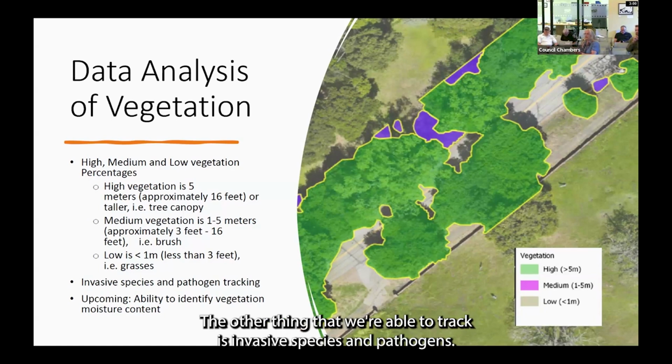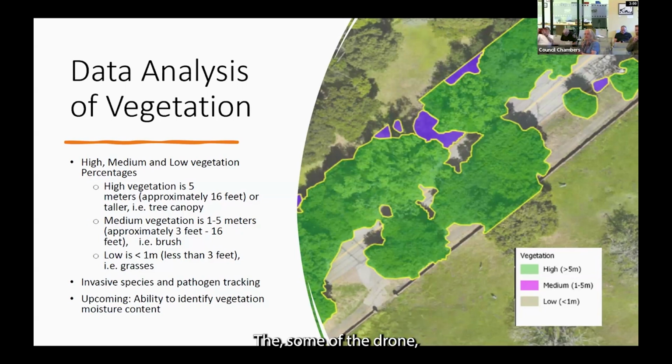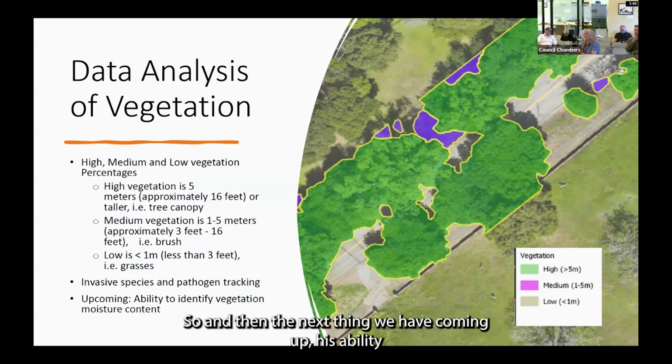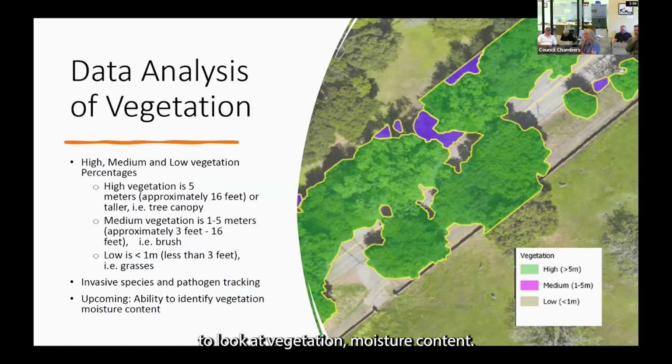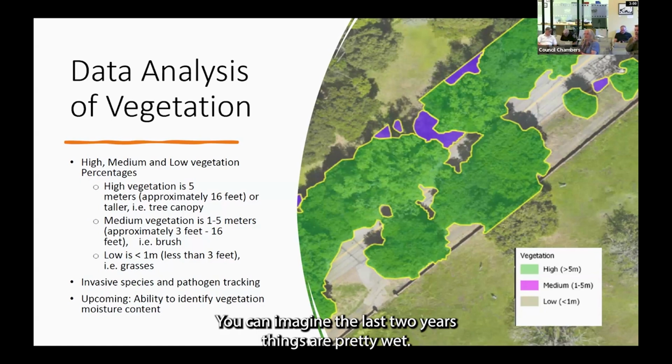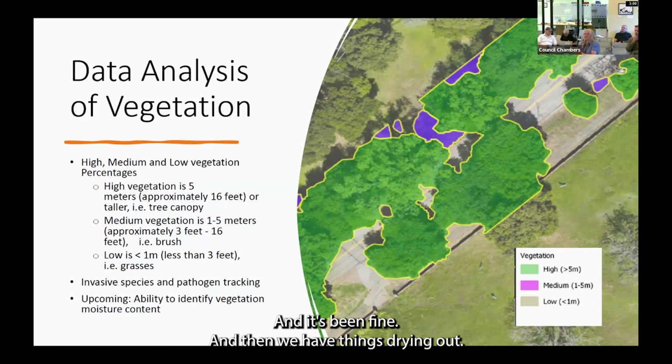The other thing that we're able to track is invasive species and pathogens. Some of the UAS equipment that's used can tell the difference between the species based on their infrared signatures. And then the next thing we have coming up is the ability to look at vegetation moisture content. You can imagine the last 2 years, things are pretty wet, and now we have things drying out, a lot of flashy fuels.